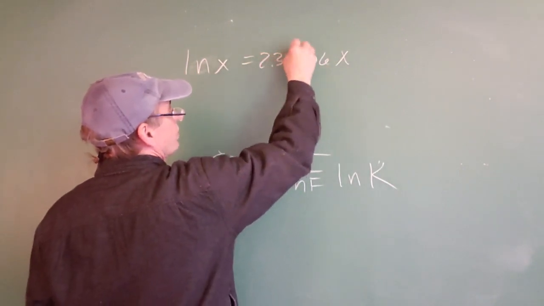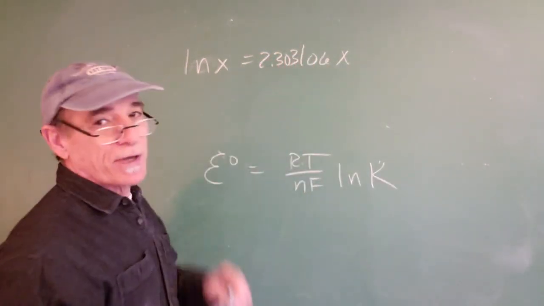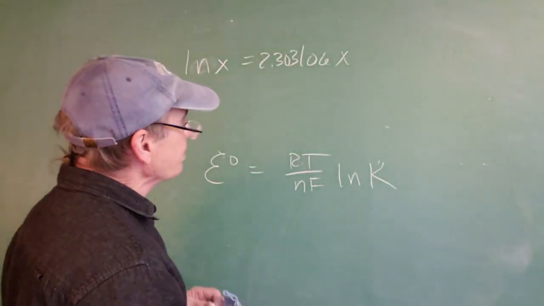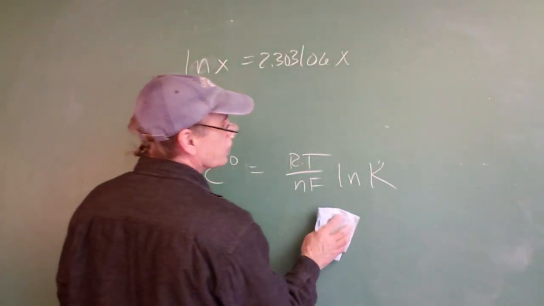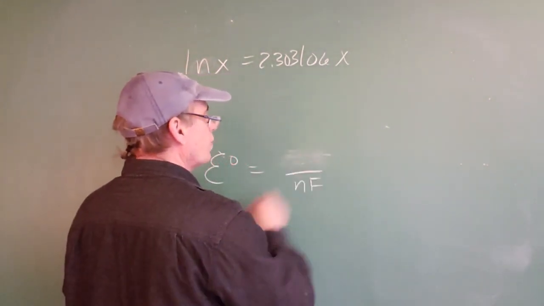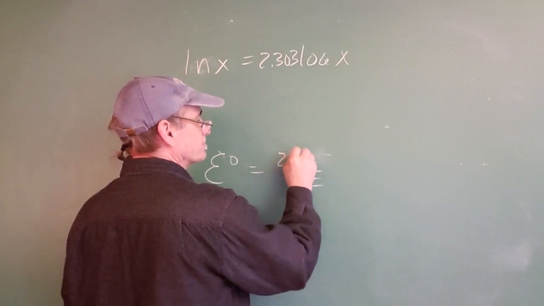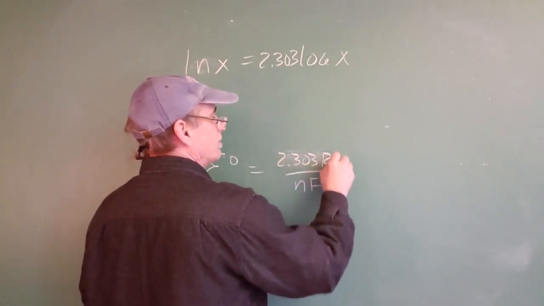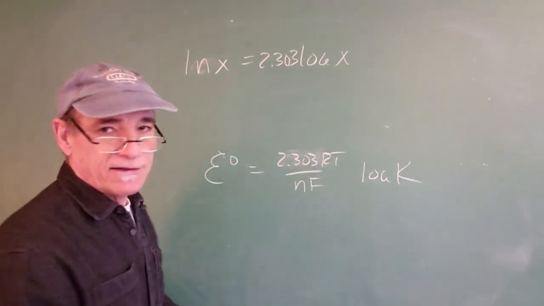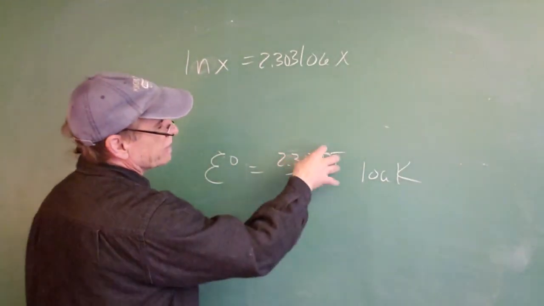You see that number a lot pop up in equations where they've switched from natural log to log base 10. I'm going to do that right here. I'm just going to go ahead and make this log K, and I'm going to put the 2.303 out in front of RT log of K.